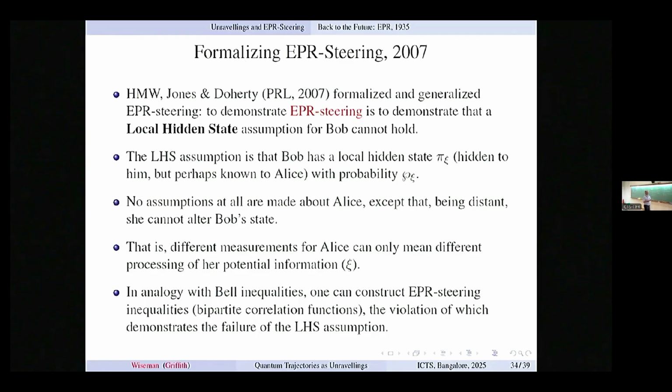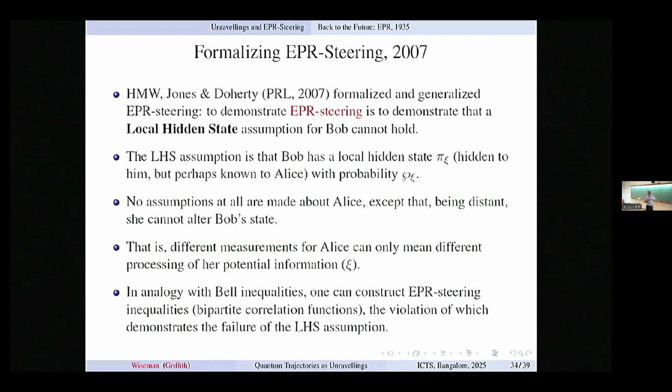And we're not going to make any assumptions about Alice, except that she's a distant party, so she's not directly affecting Bob's state. So in this model, if Alice makes different measurements, that can only mean different ways of processing the information she has about Bob's state. In this model there is no entanglement. There is just some real pre-existing state there for Bob, and Alice might know it.